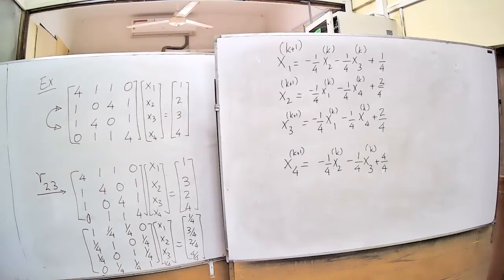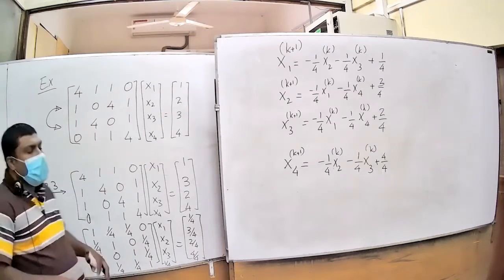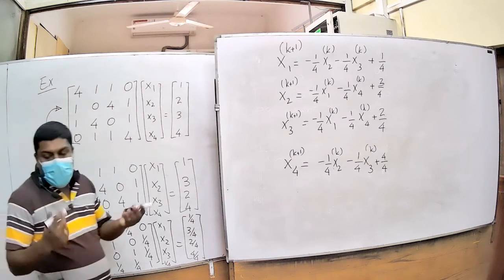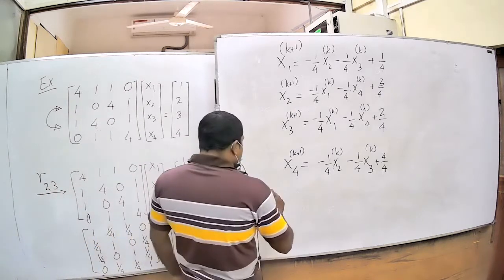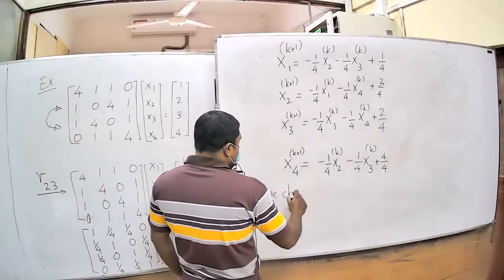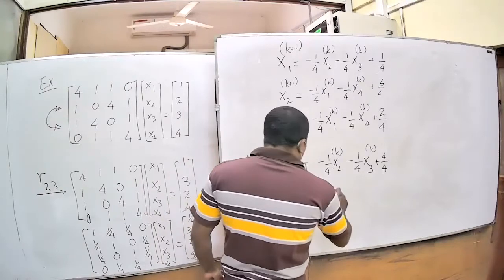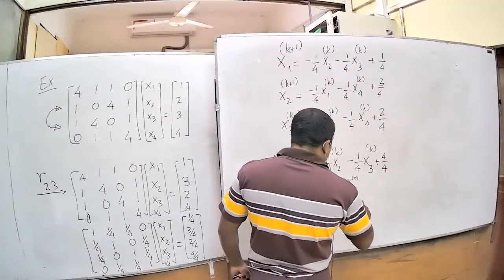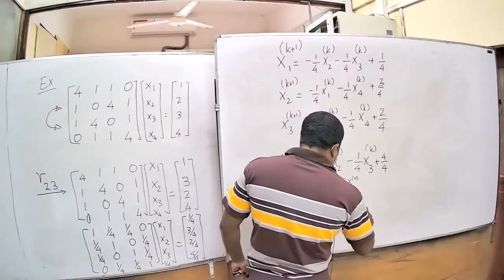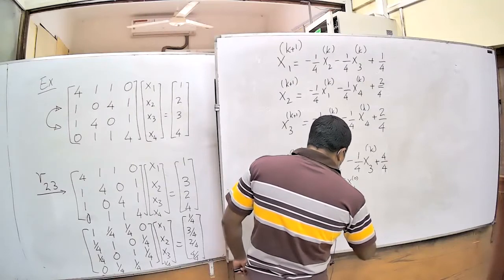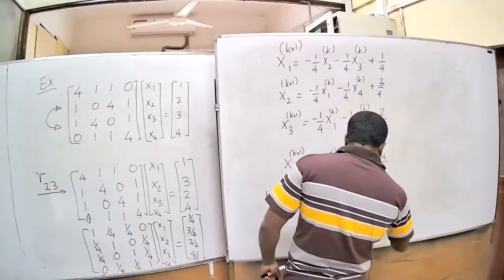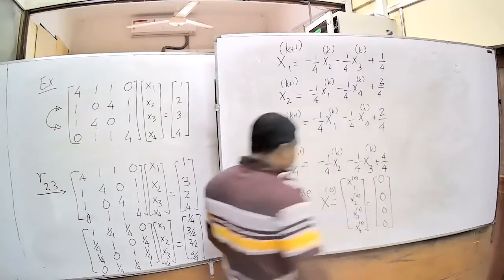And then if an initial value is given you can iterate. Here they don't give an initial value, so I am going to choose one. The easiest one is 0 0 0 0, so we choose x naught, that is x1 naught, x2 naught, x3 naught, x4 naught, as 0 0 0 0.